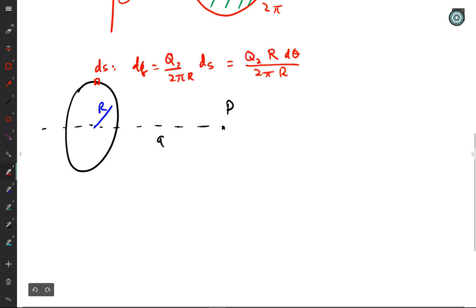Okay, so from that little ds, we have dq, this red. That's going to make a force vector. If Q2 is positive and Q1 is positive, I'm just going to choose my signs based on them both being positive. If one's negative, it's going to reverse the direction. If both are negative, it'll bring it back. So I make my arrows based on them both being positive. I would have a repulsive force.